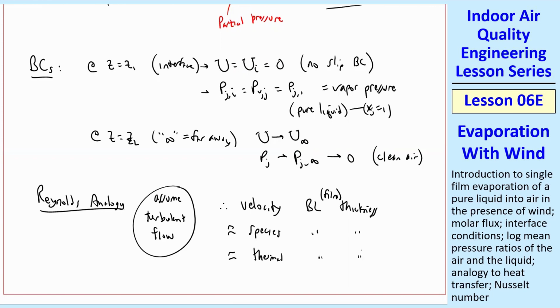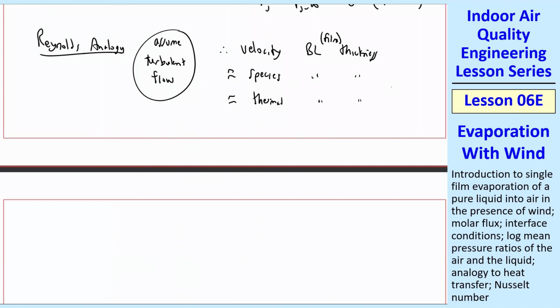Why? Because everything's happening at the same rate, whether you're diffusing momentum, species, or heat. The Reynolds analogy also says that the species diffusion rate is approximately the same as the momentum diffusion rate is approximately the same as the energy or heat diffusion rate.